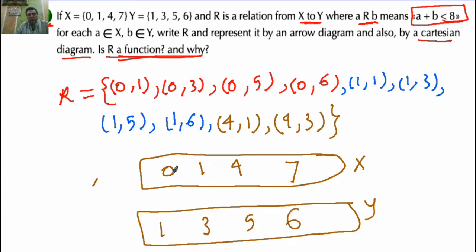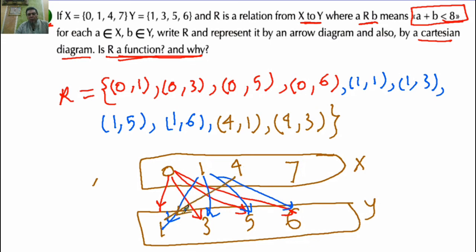The arrows: 0 and 1, 0 and 3, 0 and 5, 0 and 6. The element 1: 1 and 1, 1 and 3, 1 and 5, 1 and 6. The element 4: 4 and 1, 4 and 3 only. The element 7 does not appear.